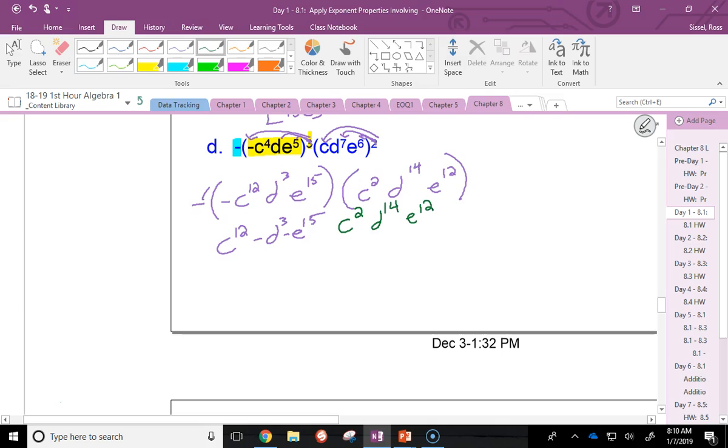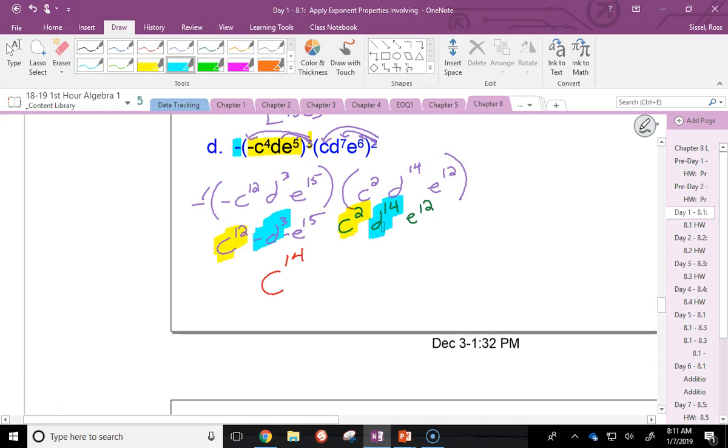We have to look for our bases that are the same, our variables. So if I start, first letter is C. And what do we do with the exponents when I'm multiplying the C to the 12th times C to the second? Yeah, 12 plus 2 is 14.